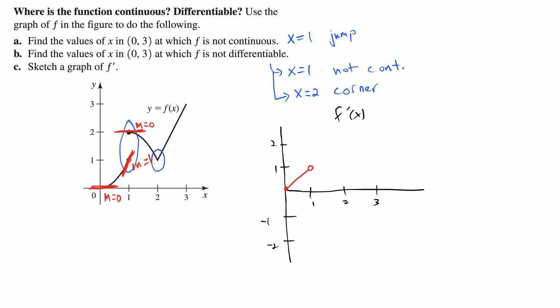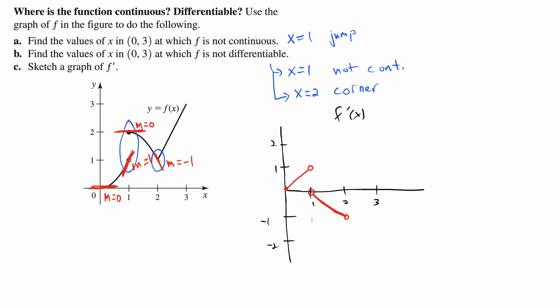So it looks like we're picking up at m equals 0 again. And now we're going down, and by the time we get over to 2, our slope is about, I'm going to say -1. Remember, perfect diagonal is either 1 or -1.